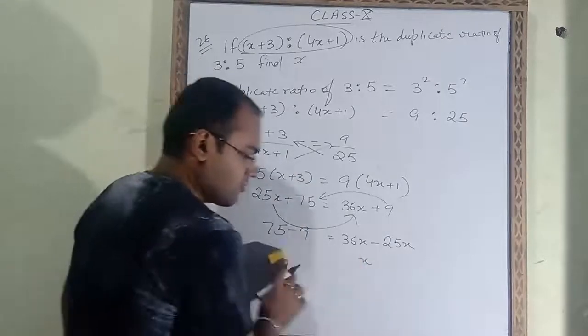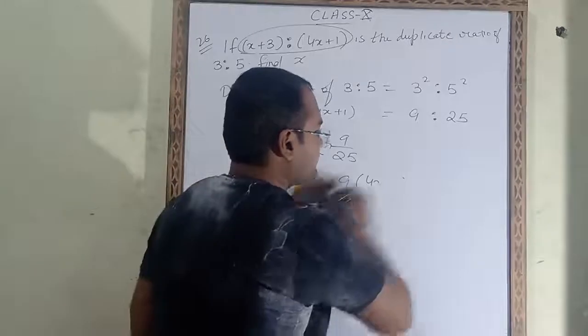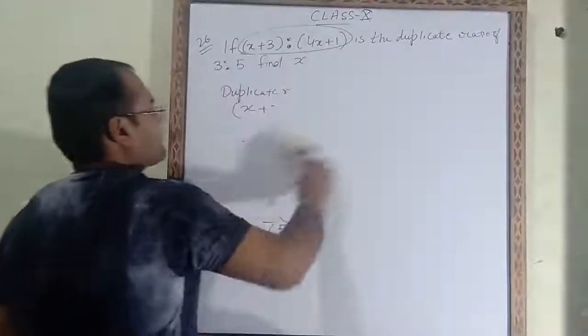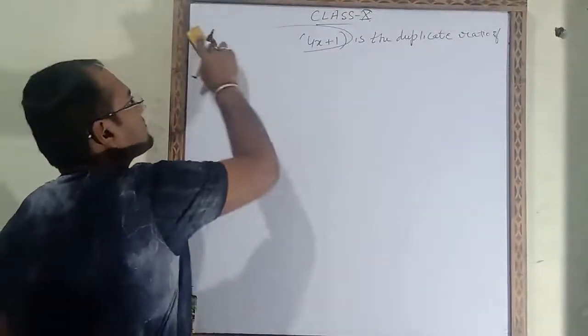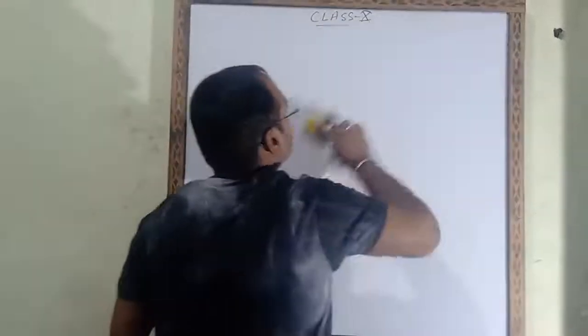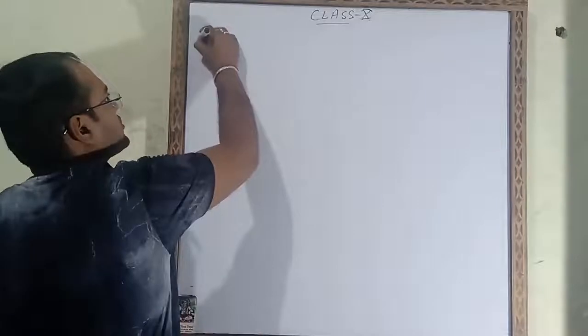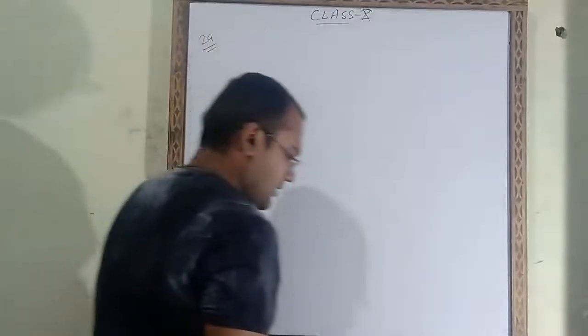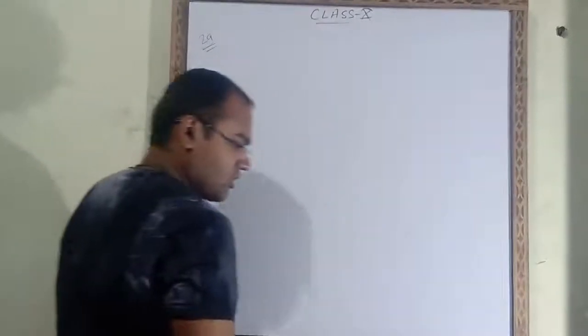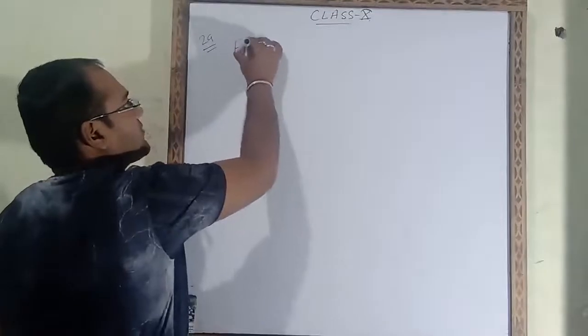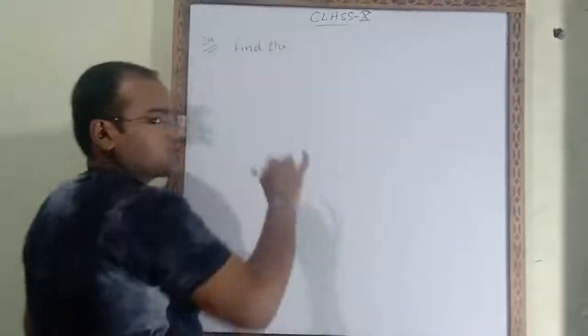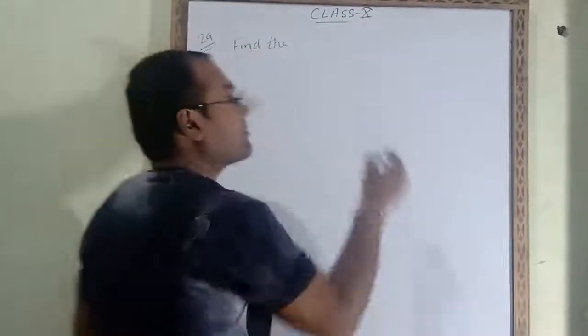Now see question number 29. Find the ratio compounded. What is that? Ratio compounded means compound ratio.